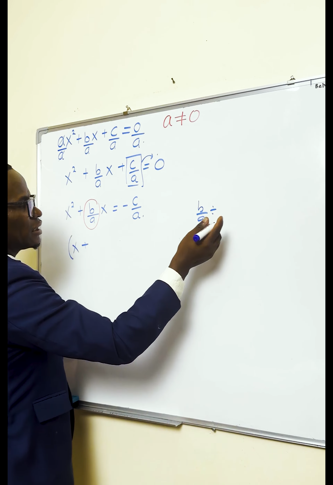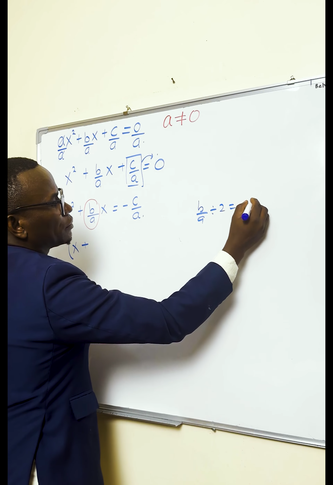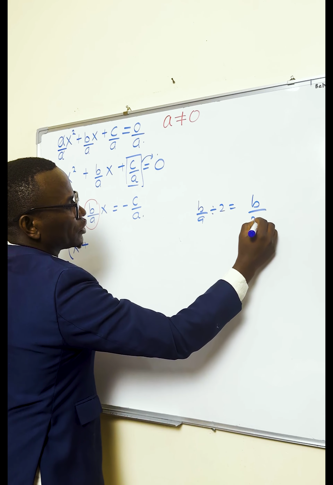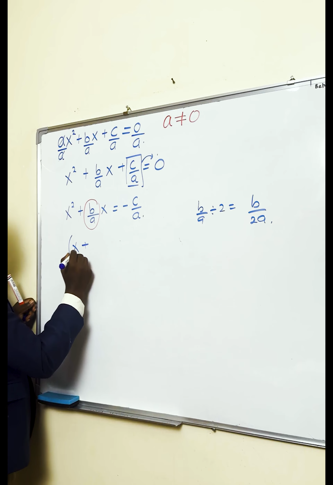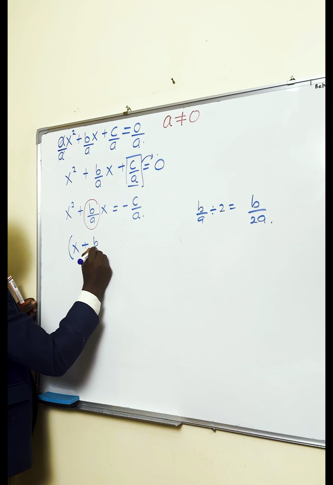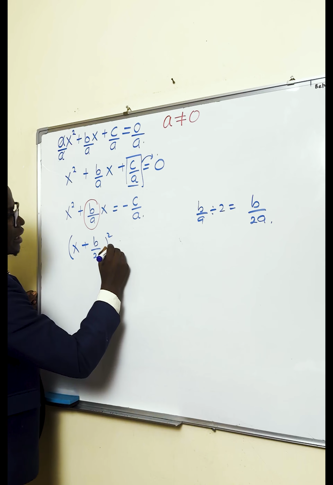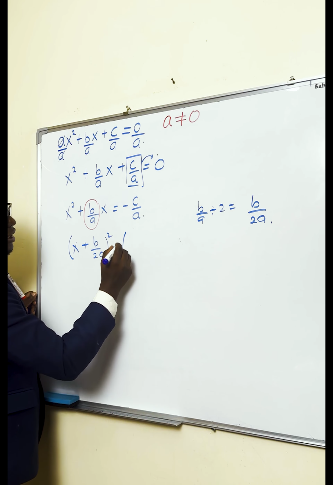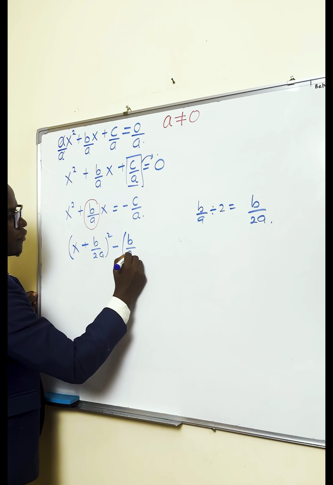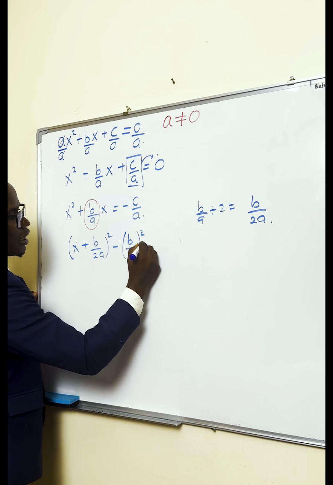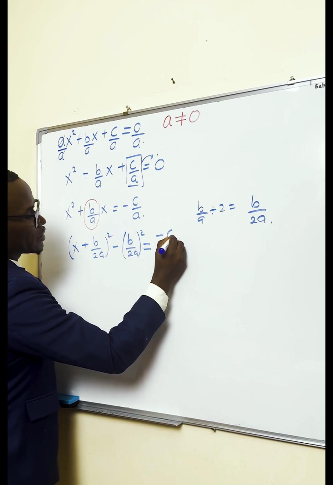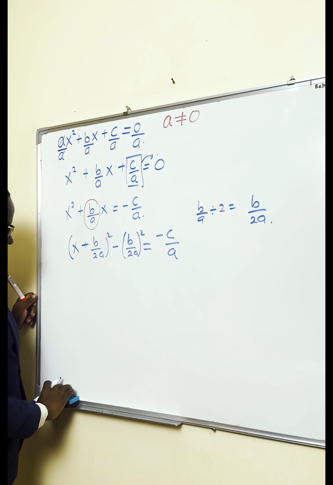So that will give me b out of 2a. So x plus b out of 2a, everything squared. Then I'm going to subtract the square of it. And everything is equal to negative c out of a.